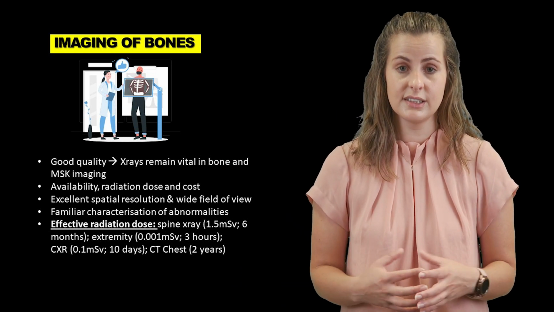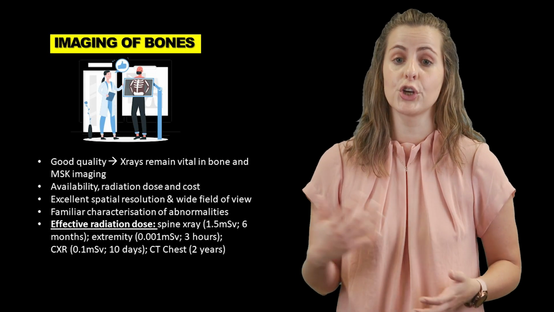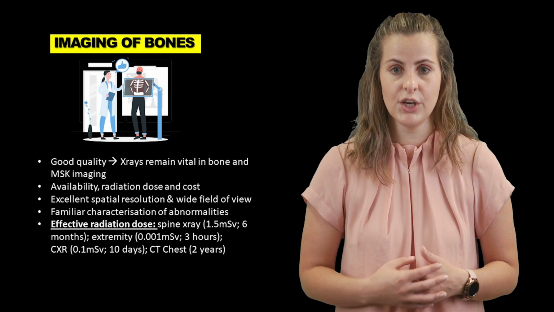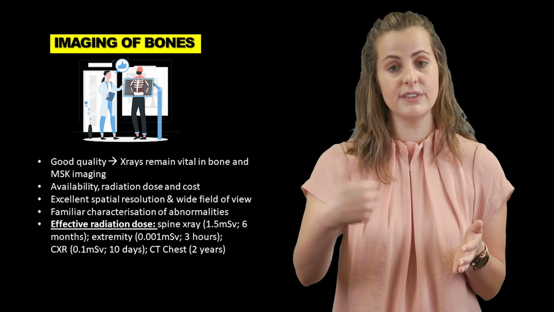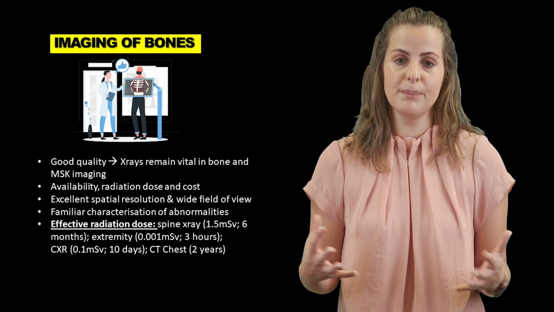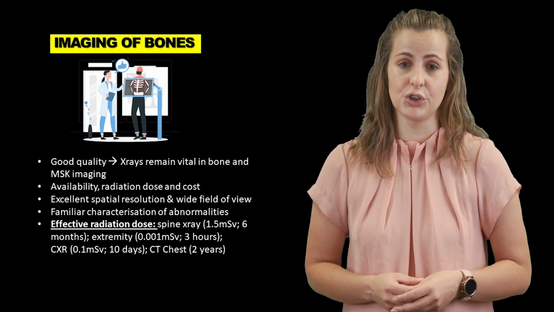In contrast, if we then had to do a chest CT scan, this is then going to be equivalent to 2 years of background radiation. So as you can see, we usually start off with X-rays, and then if need be, we then step up to CT scans.